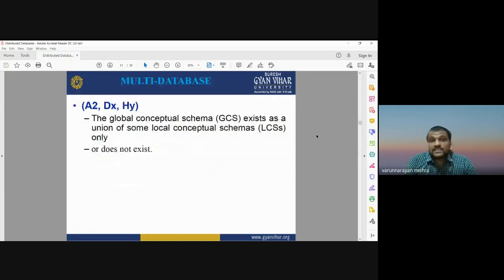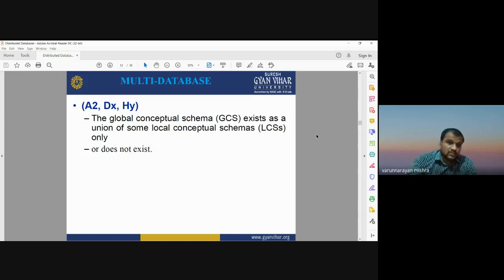So what is multi-database? When you are distributing your database globally, you need to use the global conceptual schema, that is GCS. It exists as a union of local conceptual schemas. As we know, under a distributed database management system, the database is also distributed on local networks, and all the local networks combined create a global conceptual schema.